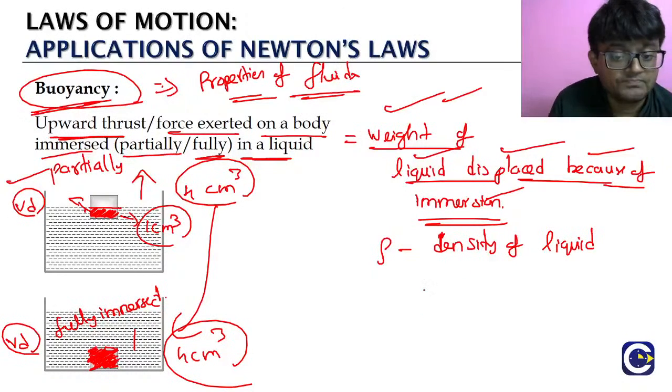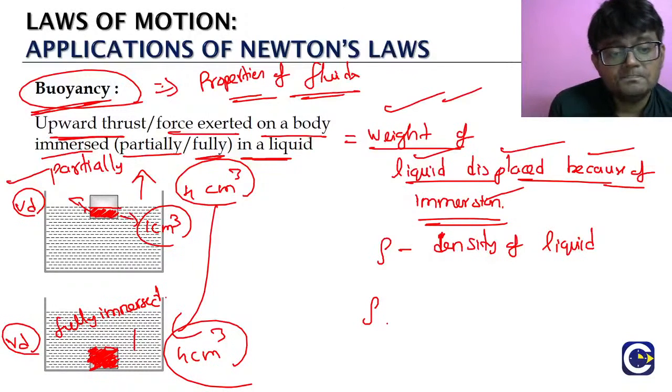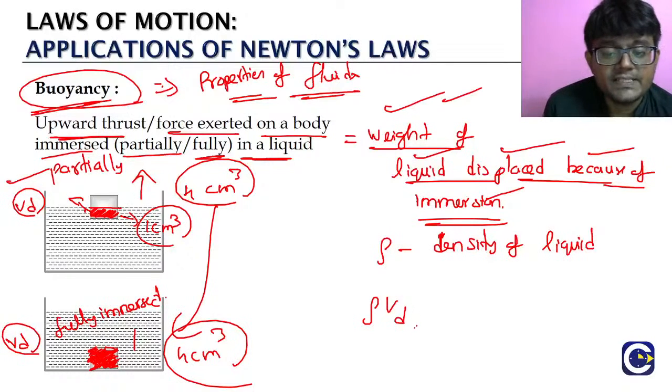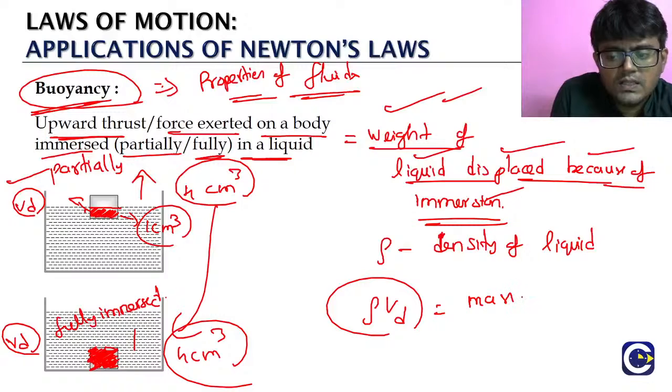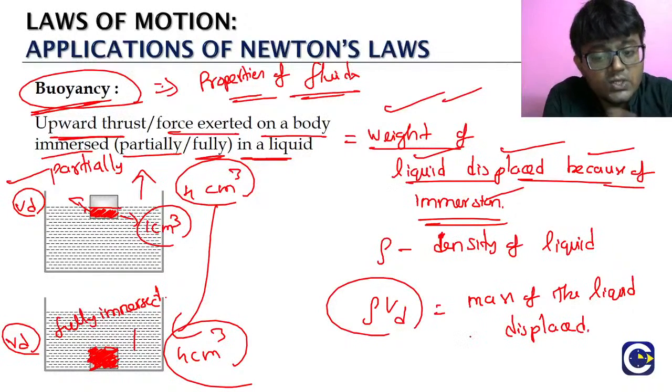So rho is the density of the liquid. Density of the liquid into the volume of the liquid displaced. If you multiply density into volume, what comes?